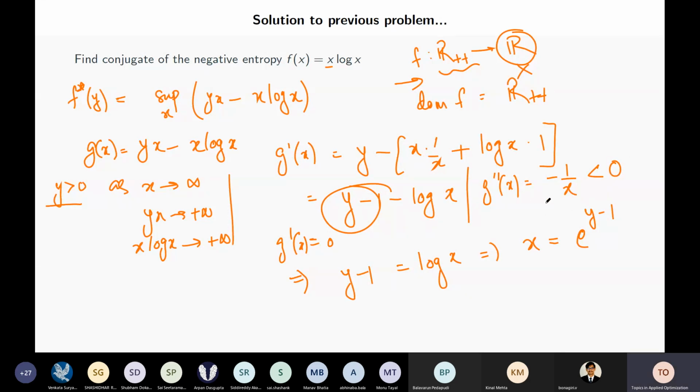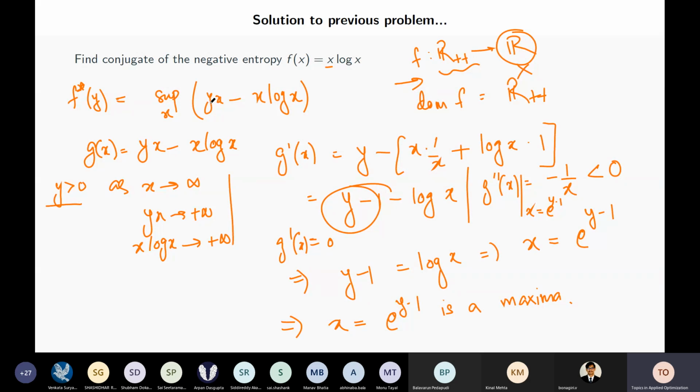So g double prime is negative, in particular also at this value, e to the y minus 1. So we conclude that x equals e to the y minus 1 is a maximum. In other words, this is the maximum value that the function is going to take. So we have solved the supremum problem, right?